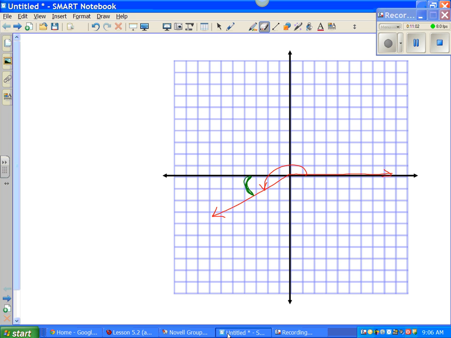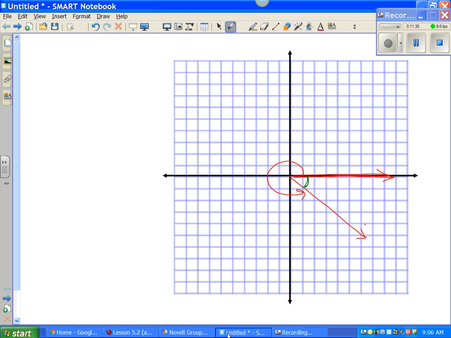One more. Oops, terminal ray. Oh, that's ugly, isn't it? Here's my angle. Where's the reference angle? Yep, right here.